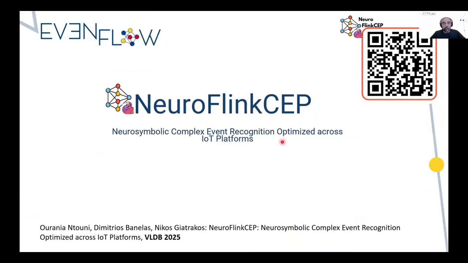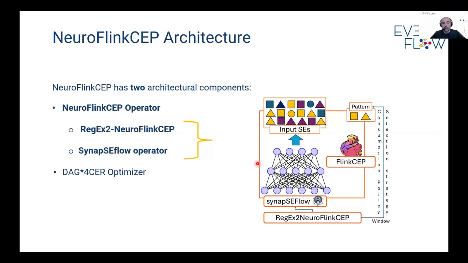The last software module that we have developed is NeuroFlinksep, which conveys neurosymbolic complex event recognition and optimizes it across IoT platforms. NeuroFlinksep is composed of two major novelties. The NeuroFlinksep operator, which is used first of all to transform perceptual raw streams into symbols.